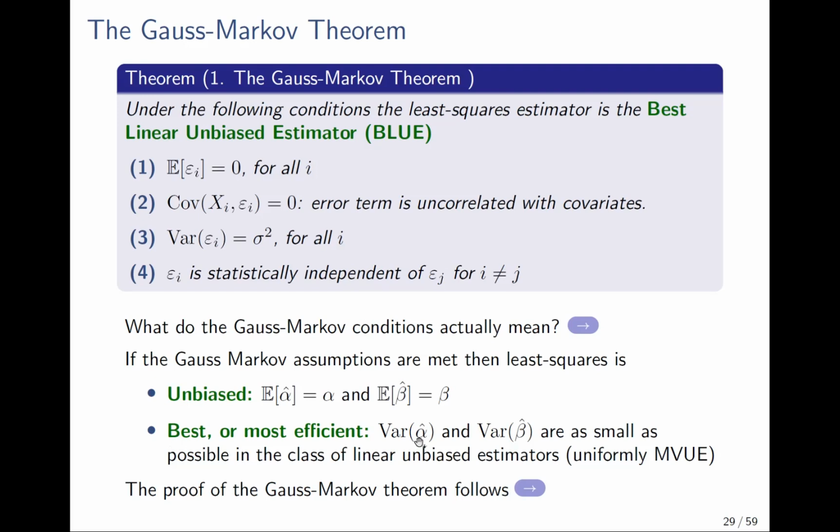The variance of alpha hat and the variance of beta hat are as small as possible within this class of linear unbiased estimators. In fact, they're uniformly minimum variance unbiased estimators as long as the Gauss-Markov conditions hold. And what I'm going to do now is give a proof to show you what Gauss-Markov is actually saying about the optimality of the least squares criteria.